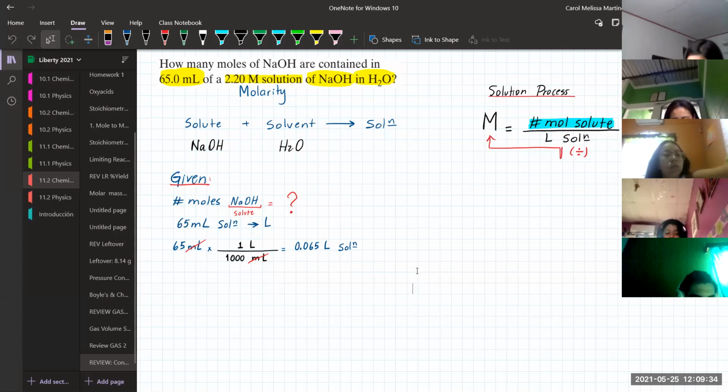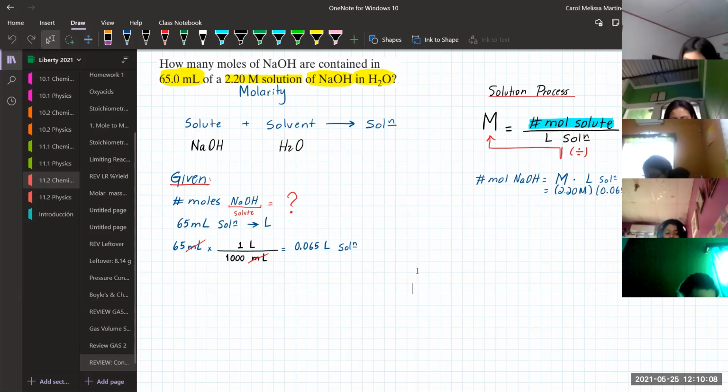So the number of moles of solute, my solute that is NaOH, is going to be equal to my molar concentration times my liters of solution. Molar concentration that is 2.20 M, and the liters of solution that is 0.065 liters.